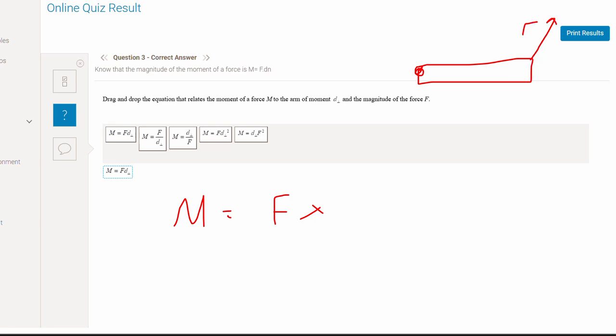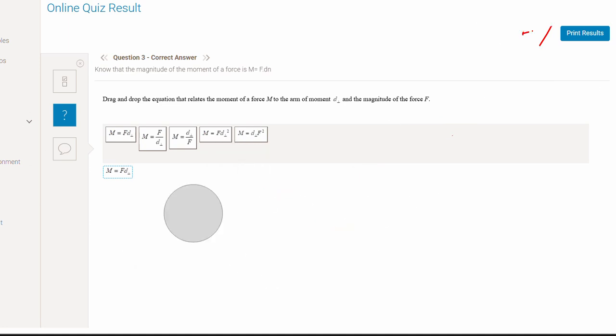So it's going to be equal to the force right here times the distance that is perpendicular to the lever arm. The lever arm is the imaginary line, and the distance, what we mean here, is this distance, the one that is perpendicular to the lever arm. So this distance. And that's it. You just have to memorize it. Next question.